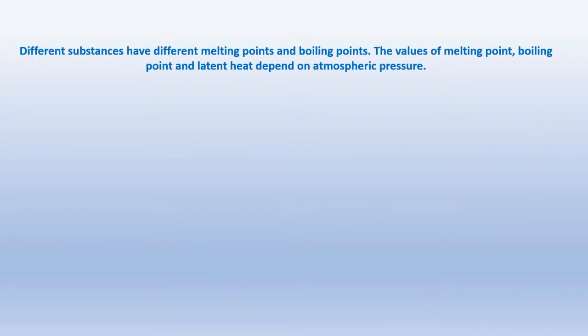Different substances have different melting points and boiling points. The melting points and boiling points depend upon the substance we are using. So the values of melting point, boiling point and latent heat depend on atmospheric pressure.